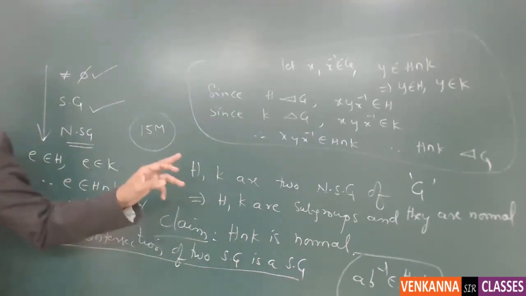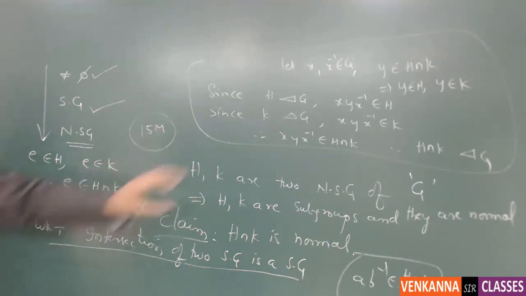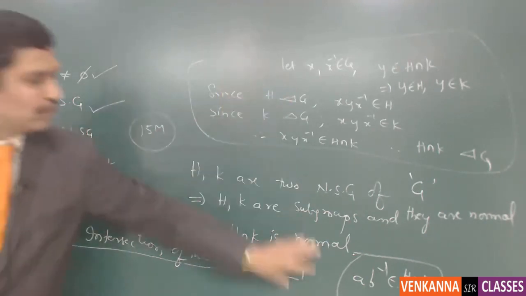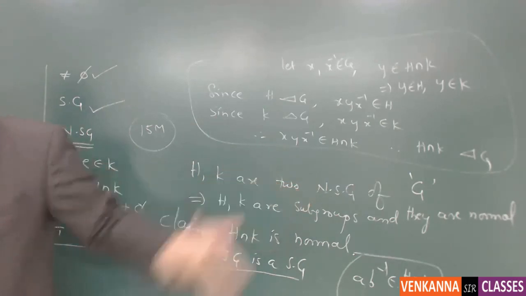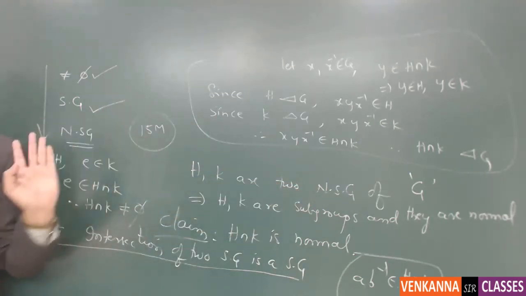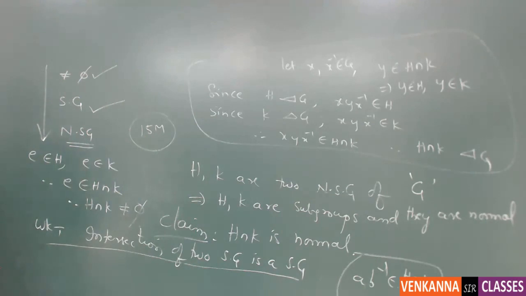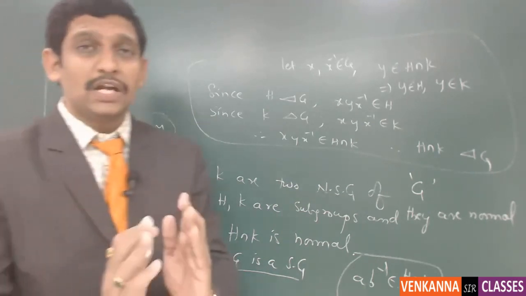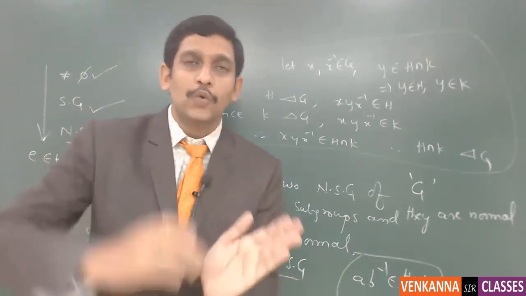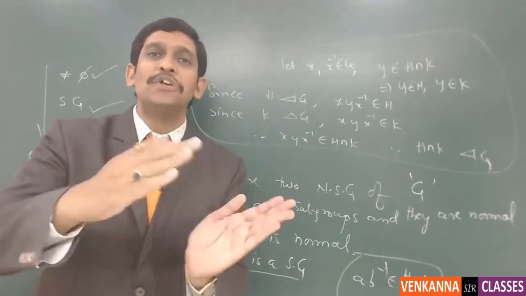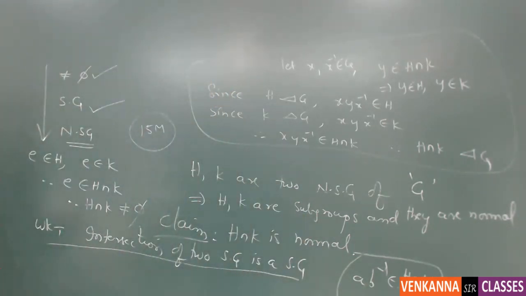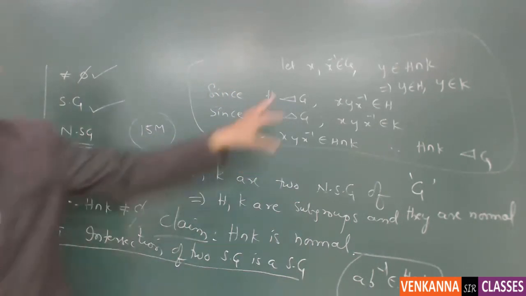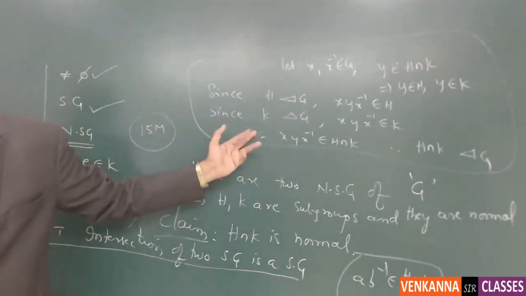So, if the question is given for 15 marks, then this is a 5 line proof, this is a 5 line proof, total 10 lines we will write. That's it. He will be given 15 marks. Now see the difference. With regard to the weightage of the question, we can manipulate the solution, how much you can write. If the weightage is less, you just write 5 lines, you will be given full marks.